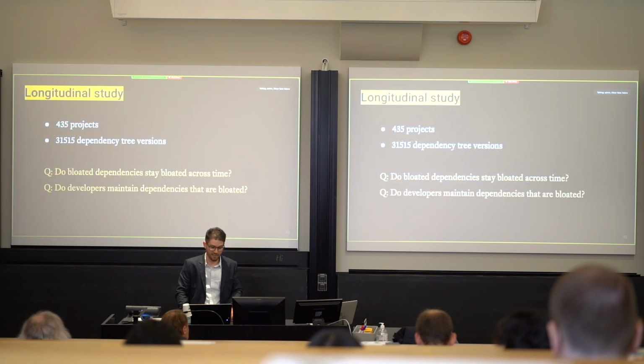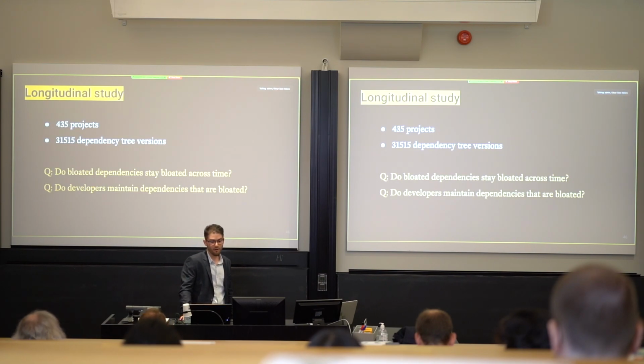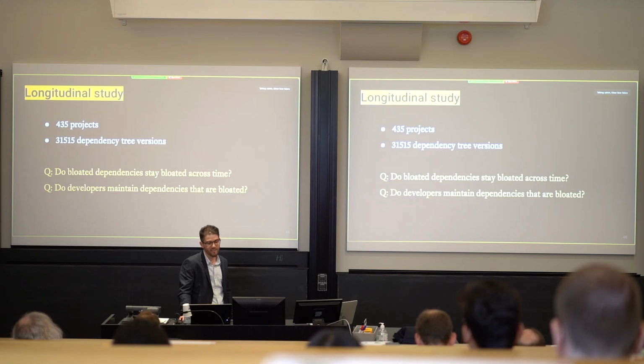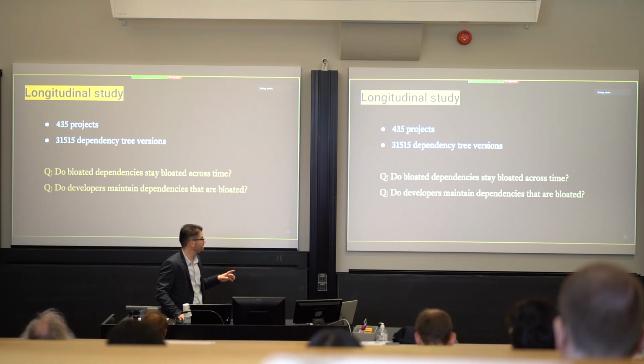Actually, what we did was perform a longitudinal study in order to answer this question. We analyzed 435 projects, and we analyzed the status of the dependencies in all the versions of the dependency trees of these projects in order to answer two questions.